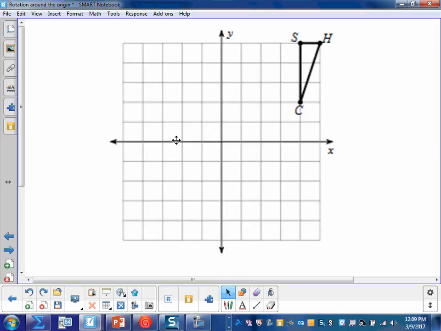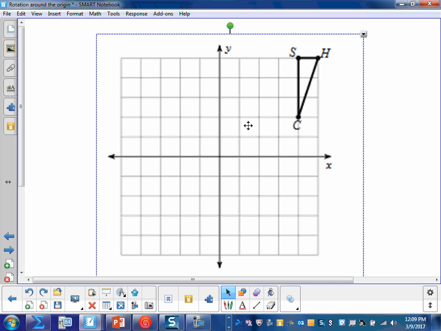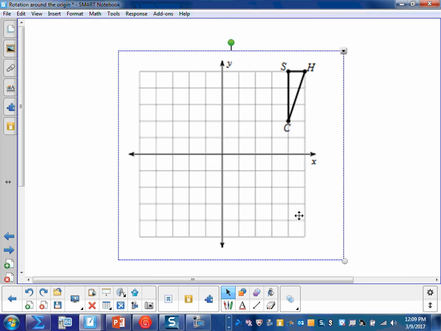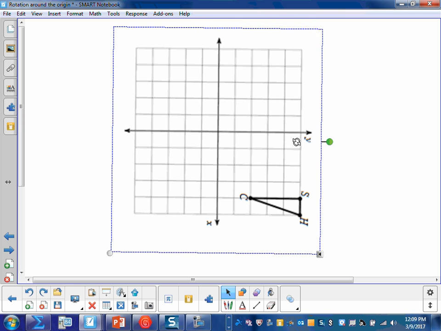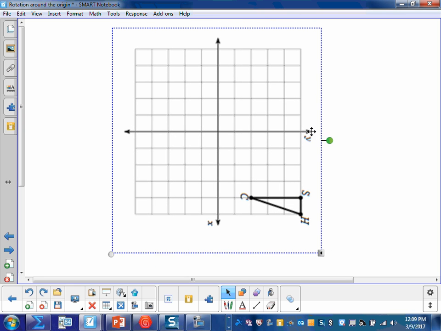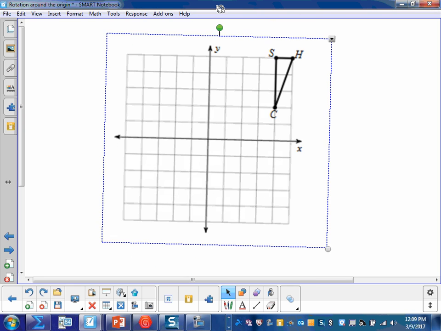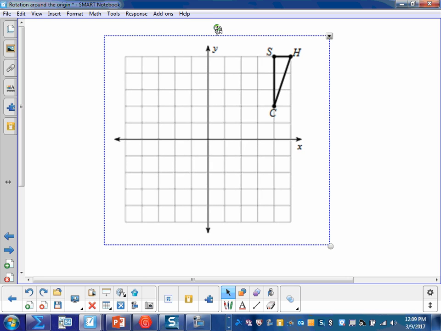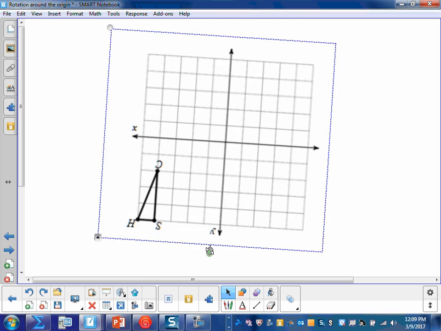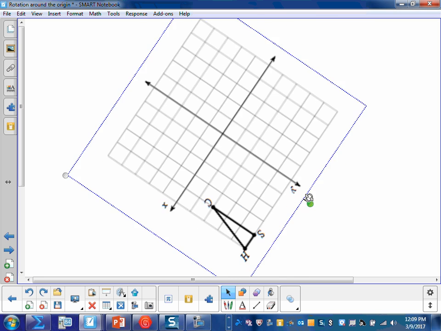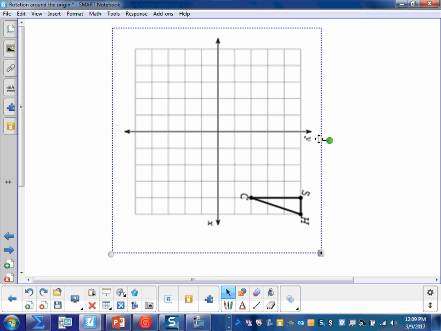And my last rotation is I want to get to quadrant 4. Well, I have two ways to do that. I can go 90 degrees clockwise, right? Or I can go 90, 180, 270 degrees counterclockwise.